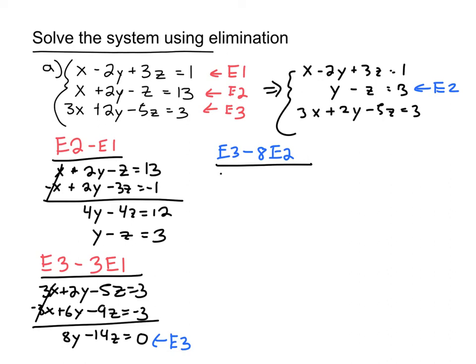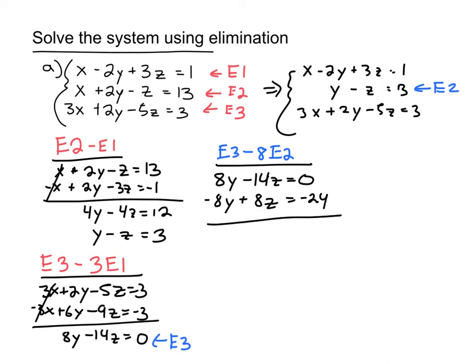So let me go ahead and write that. I'm going to write my current equation 3, which is 8y minus 14z equals 0. And then I'm looking up here, I'm going to multiply negative 8 by each term. So this will be negative 8y plus 8z equals negative 8 times 3, which is negative 24.